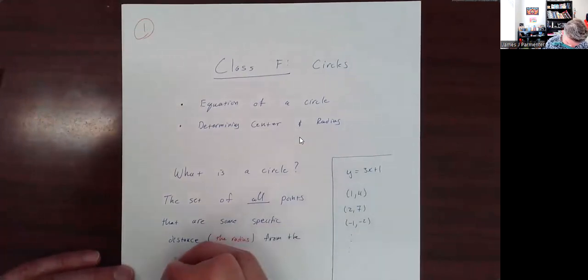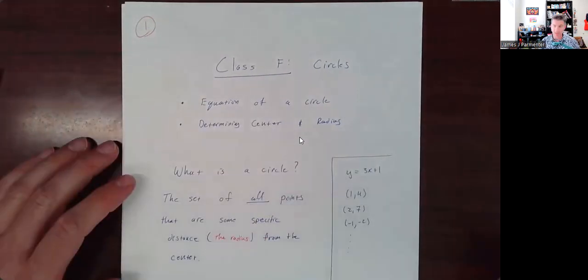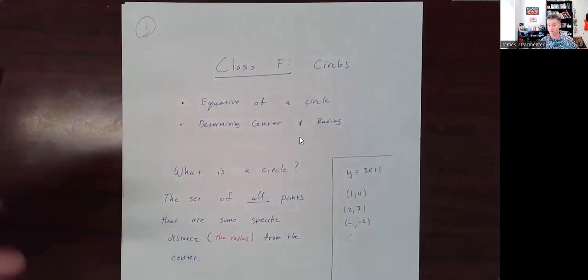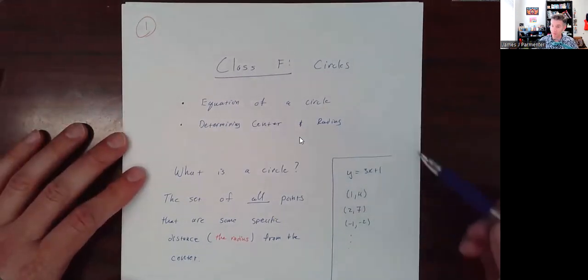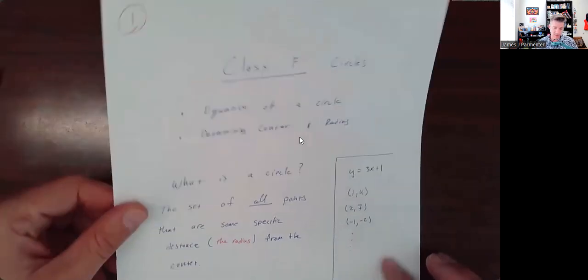That is the whole deal. And yes, when we say the set of all points, we mean an infinite set. We're not going to list all of them, just like we're not going to list the infinite set of points that make up this line, but they are there. So let's look at some examples, and some generalizations.